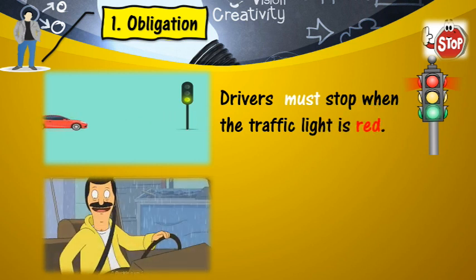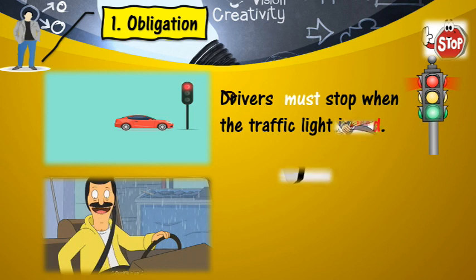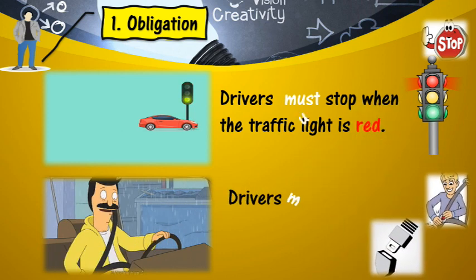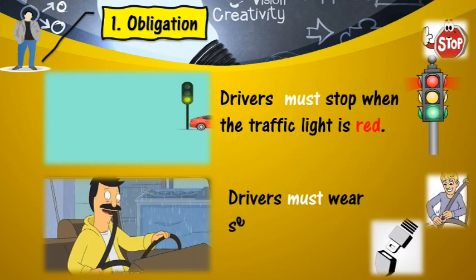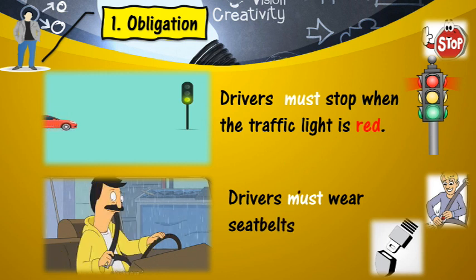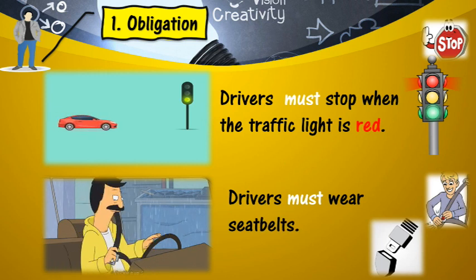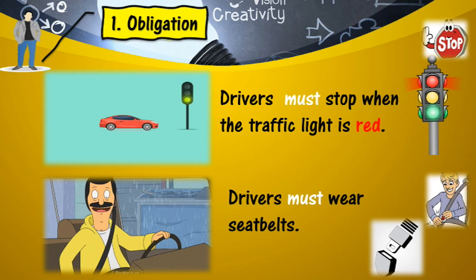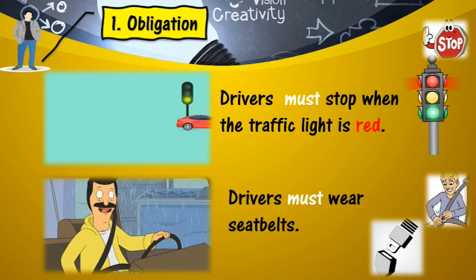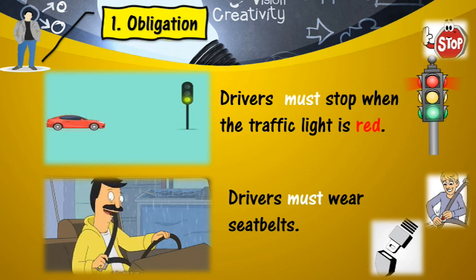Another thing drivers must do is to put on the seat belt. Drivers must wear seat belts. These are two things that drivers are obliged to do when driving their cars. So to express obligation here, we use the modal verb must.